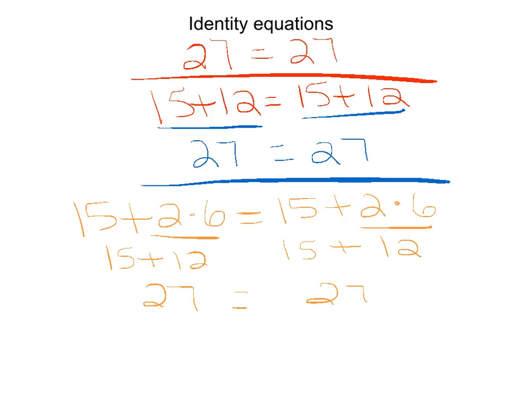Now, we're going to use the same answer and come up with an equation with a variable. 15 plus 6x equals 15 plus 6x. Now, if I were to come up with any number to plug in for x, I will see that both the left and the right side will still equal each other.